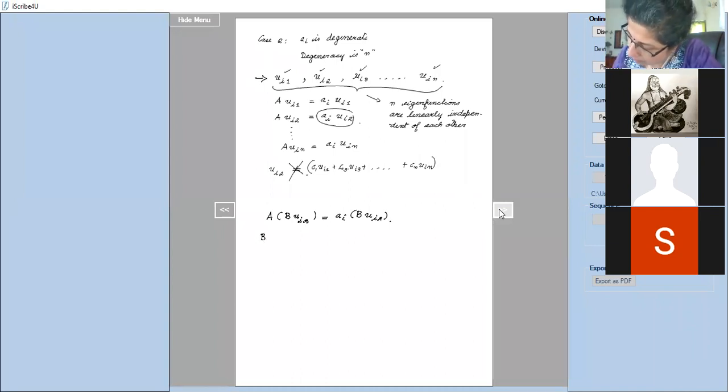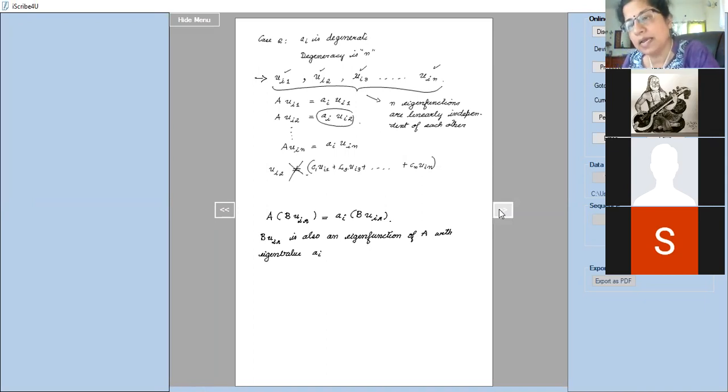It tells me that B u_i r is also an eigenfunction of A with eigenvalue ai. Okay, this is what I am concluding.